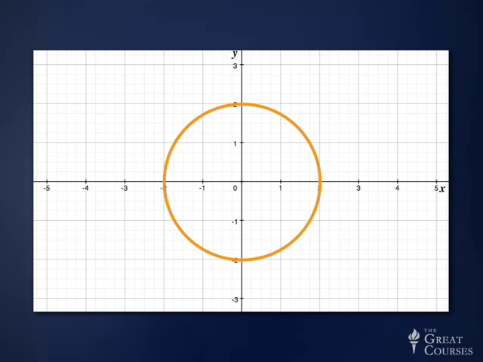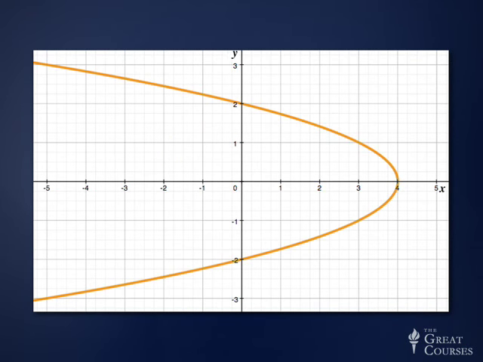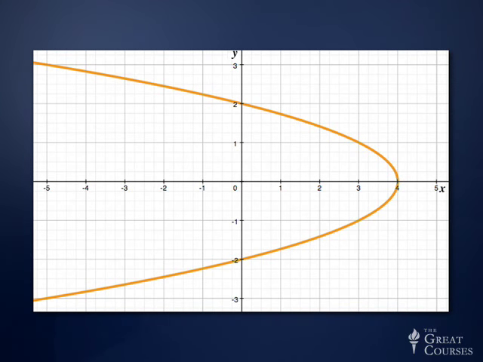Okay, let's try another example. Let's take this graph, which looks a little bit like a sideways U, so to speak. And I want you to think about it for a second. Is this the graph of a function? Well, just like with the circle, I can draw a vertical line that crosses through this graph at 2 points.